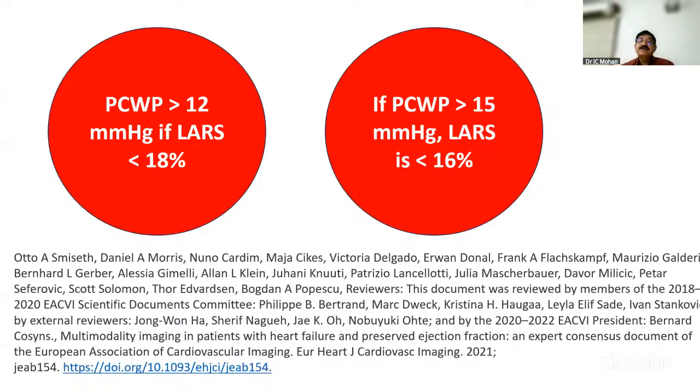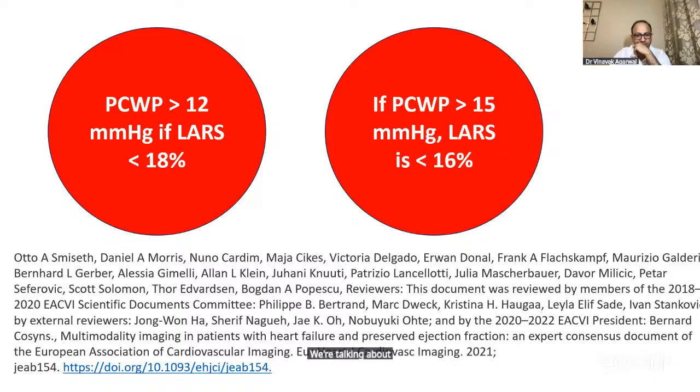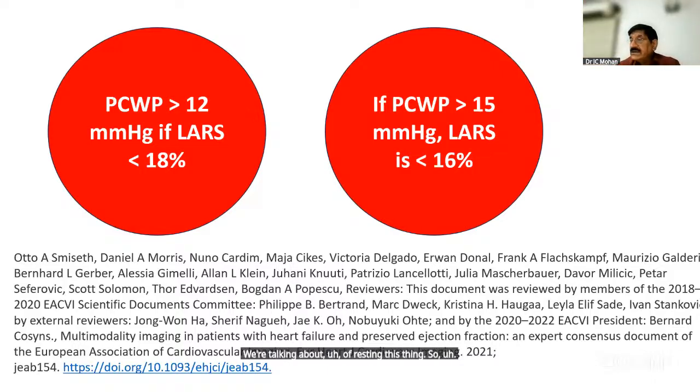The wedge pressure in his case is more than 15 in all likelihood, because the left atrial reservoir strain is less than 16%. We are talking about the resting state. So we know that he has elevated filling pressure. He's not having that kind of normal LA pressure. What are the chances actually?